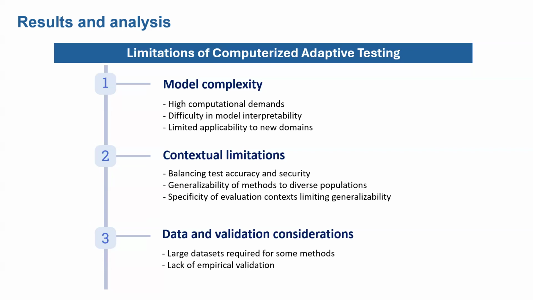In addition, contextual limitations include the delicate balance between test accuracy and security, as reducing questions for security reasons can impact accuracy. It is also difficult to ensure the generalizability of CAT methods to diverse populations and assessment contexts. In addition, data limitations include the need for large datasets and empirical validation, making the practical effectiveness of CAT techniques more difficult.